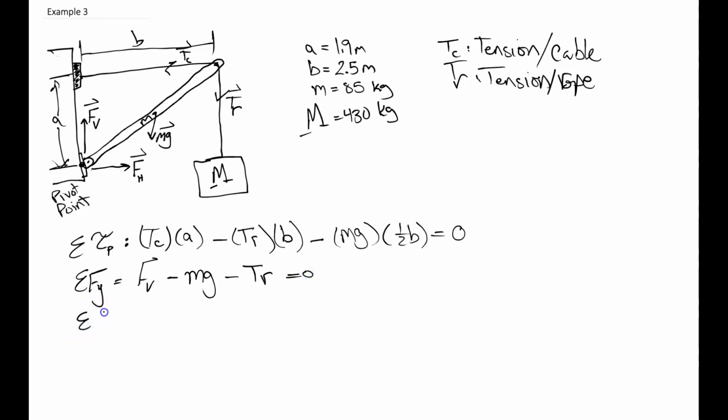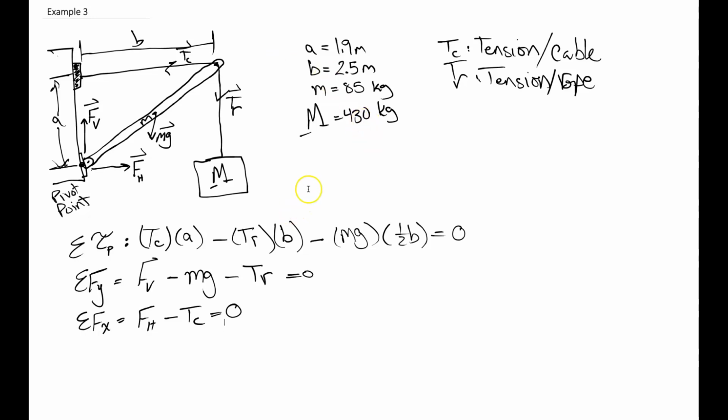And if we do the sum of the forces in the x direction, we get F sub H minus T sub C equals 0. And now we have applied the laws of equilibrium.